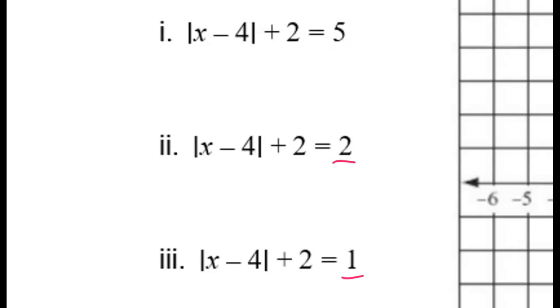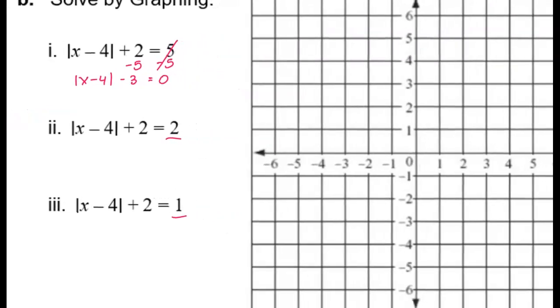So here, I'm going to subtract 5 to both sides. And I have x minus 4, and then what? Minus 3 equals 0. So I can now graph this. Notice, I'm still going to the right 4, but then where am I going?